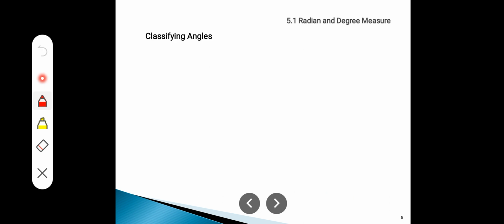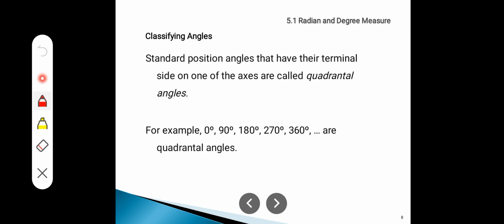Let's proceed. Classifying angles. Standard position angles that have a terminal side on one of the axes are called quadrantal angles. So for example, 0, 90, 180, 270, and 360 degrees are quadrantal angles.